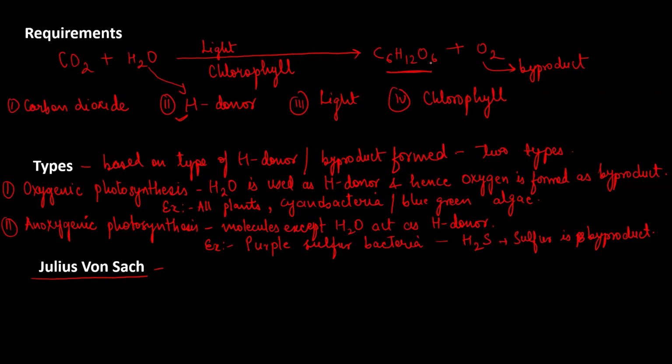But if you look at the leaf and look for the glucose in there, you won't find any, because this glucose, once it forms, immediately gets converted into another carbohydrate named starch. So the glucose is never stored in the leaves, but it gets converted into starch. This is what Julius von Sachs proved.